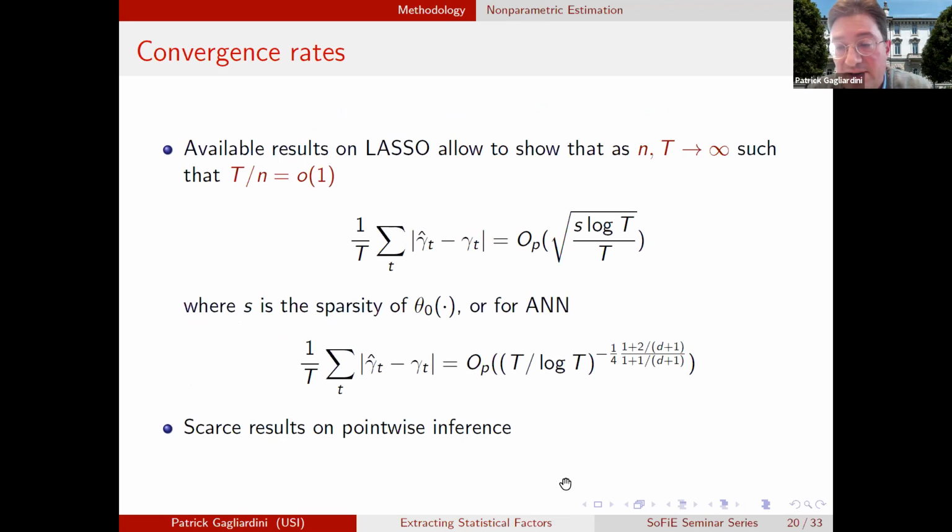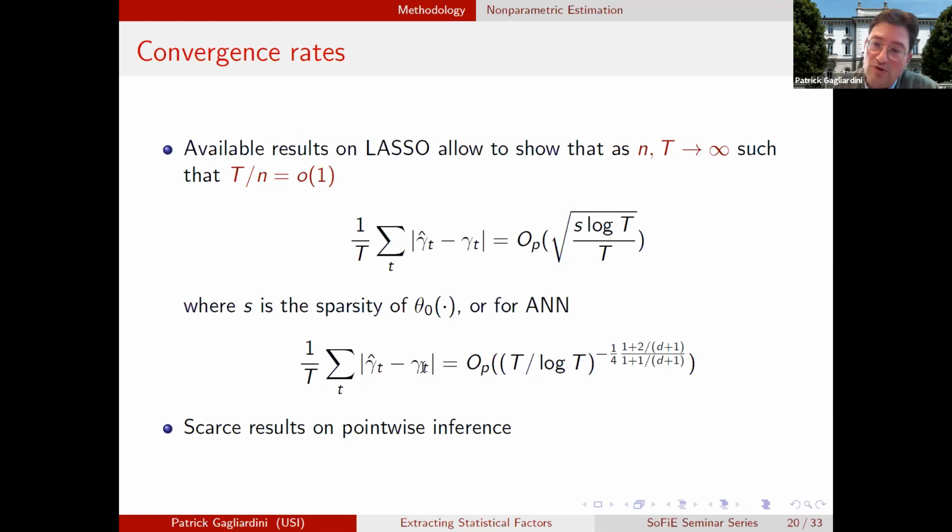Now, by building on some available results in the literature, when both dimensions of the panels are large, we can establish results about the convergence rates of these parameters. But the results, for instance, for pointwise inference, so for inference on a given time point, are much more scarce to our knowledge.